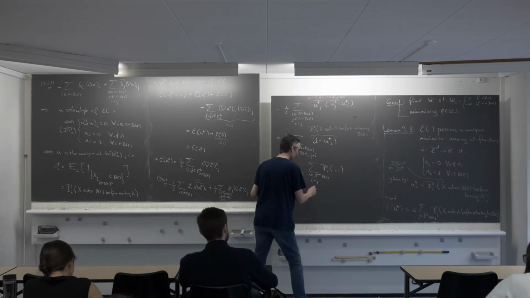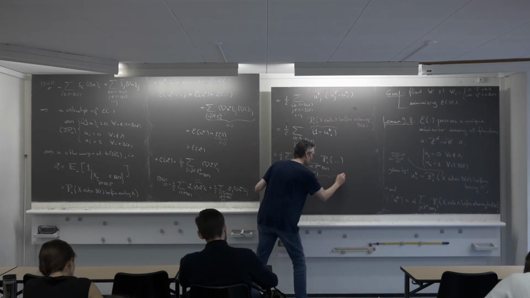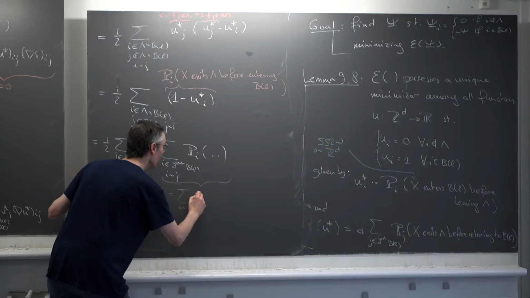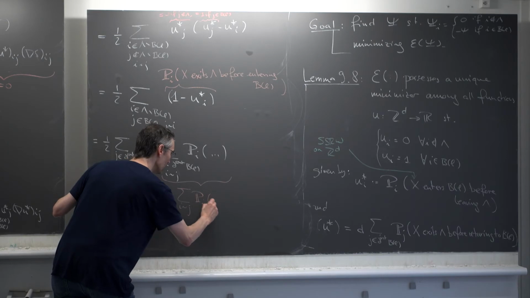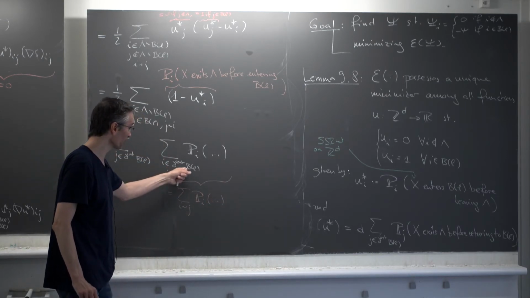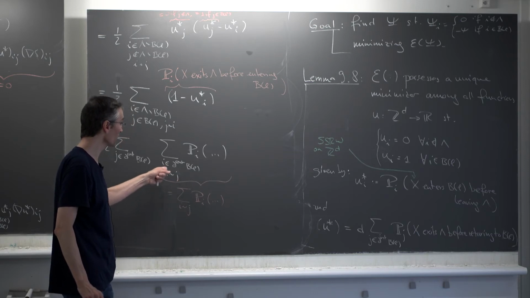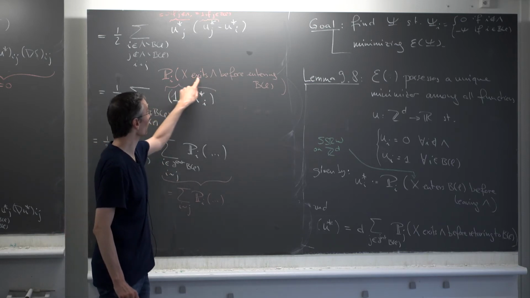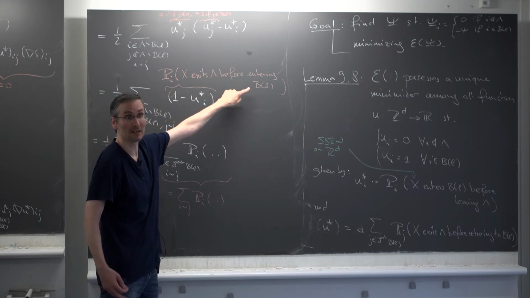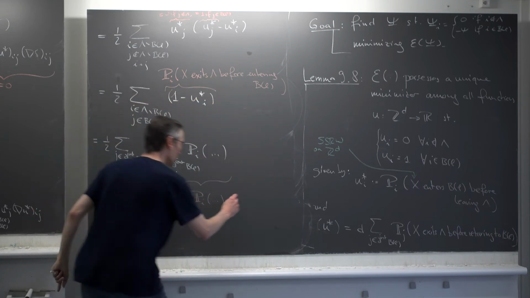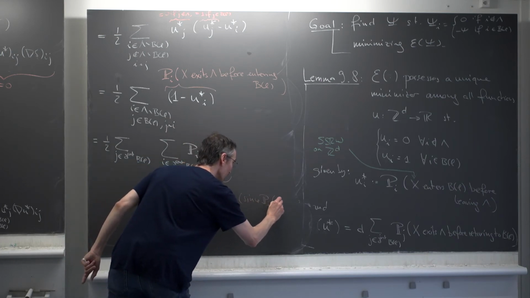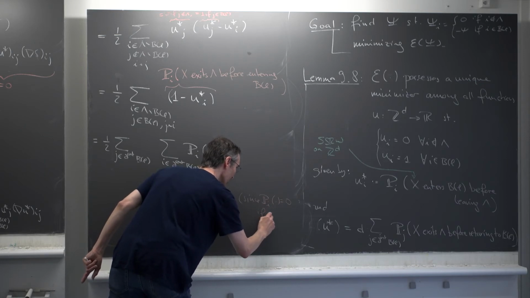But now this is equal to the sum over all i neighboring j of the same probability. Why? Because if you take an i which is not in the exterior boundary of B_L, that is a neighbor of j which is also inside B_L, then this event has probability 0. So if you start from inside B_L, the probability of exiting Lambda before entering B_L is 0. Okay? So since this probability is equal to 0 if i is in B_L.